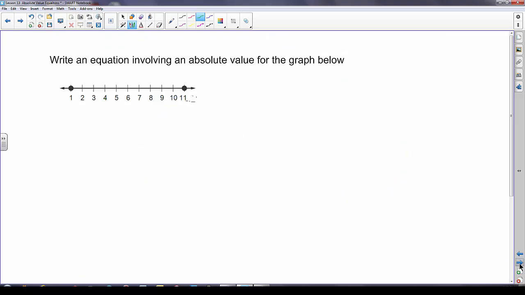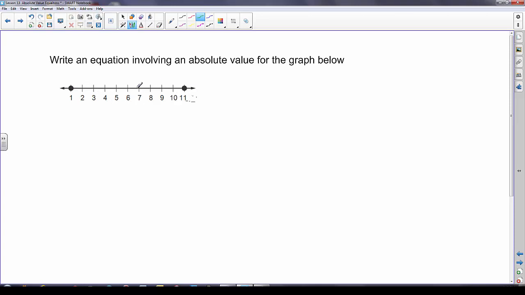Now I'm going to do the same thing here, and I have to write an absolute value equation where these two numbers are my answers. Now if it's an absolute value, these two numbers float equidistant from a middle point.